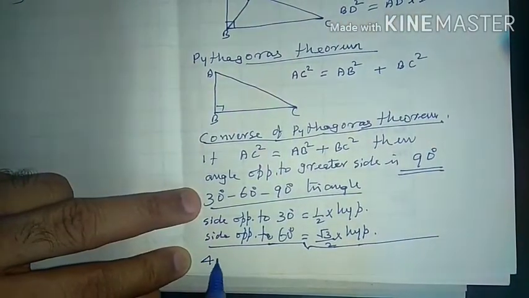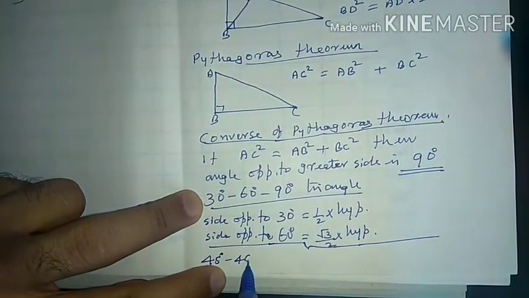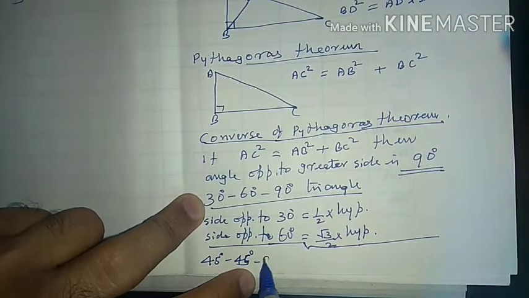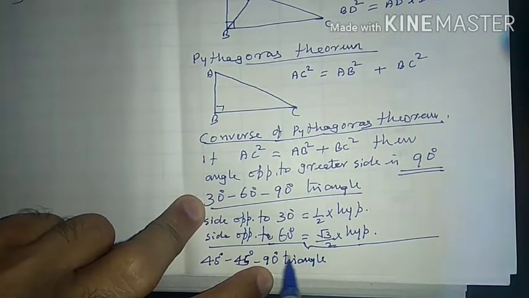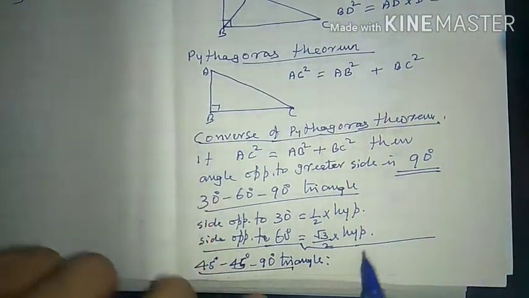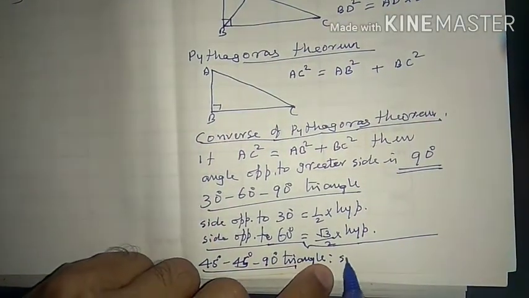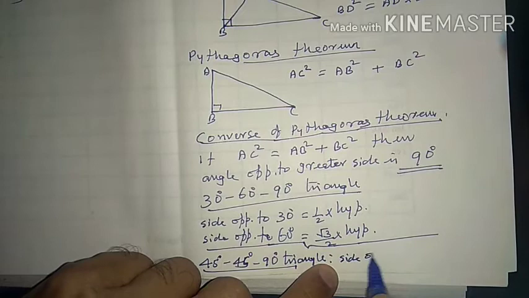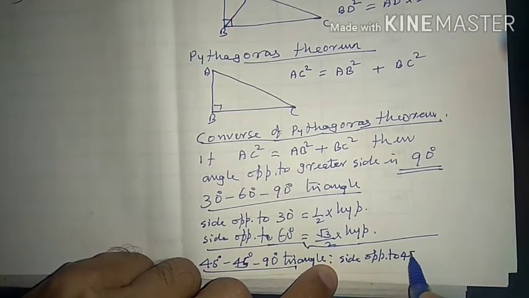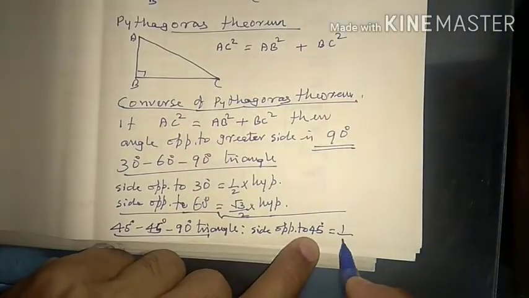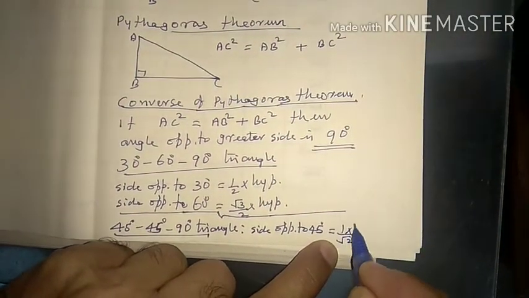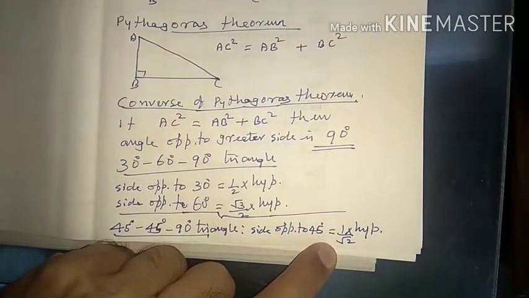And the last point, the 45-degree, 45-degree, 90-degree triangle. The result we got there: the side opposite to 45-degree is 1 by root 2 times the hypotenuse.